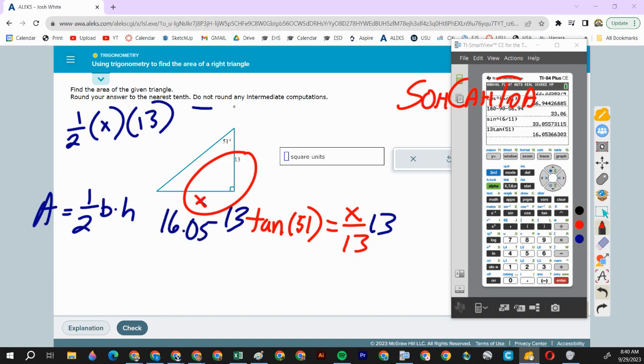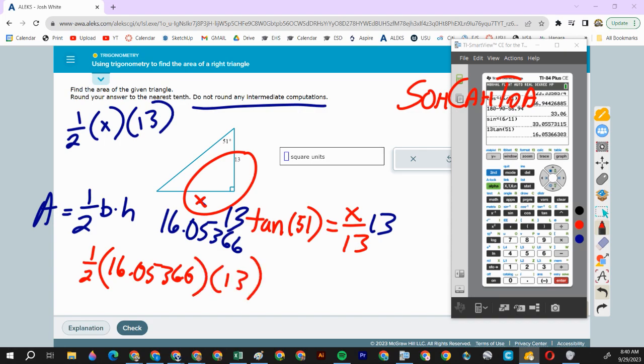Okay, and notice it says do not round any intermediate computations. So you need to use a lot of decimal points. So the area is 1/2 times 16.05366 times 13. Now, if you're lazy like me, there's a really easy way to do this in your calculator. 1/2 times, how do I get all of that decimal without writing it down?